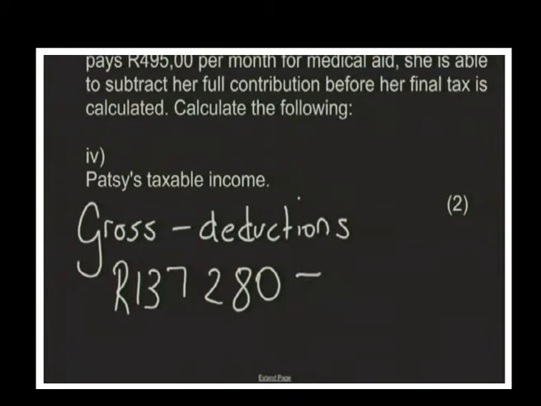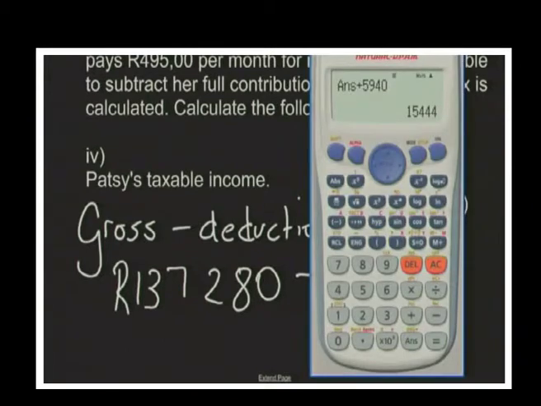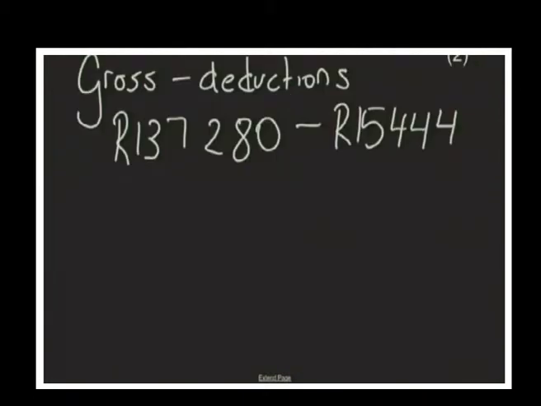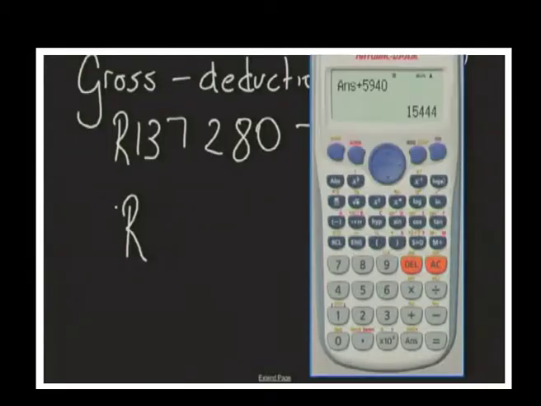Minus our deductions, and let's just double check that, was 15,444. We'll go back to that. And we get our total that she actually has to pay tax on. That's her taxable income. So let's do this calculation on the calculator.